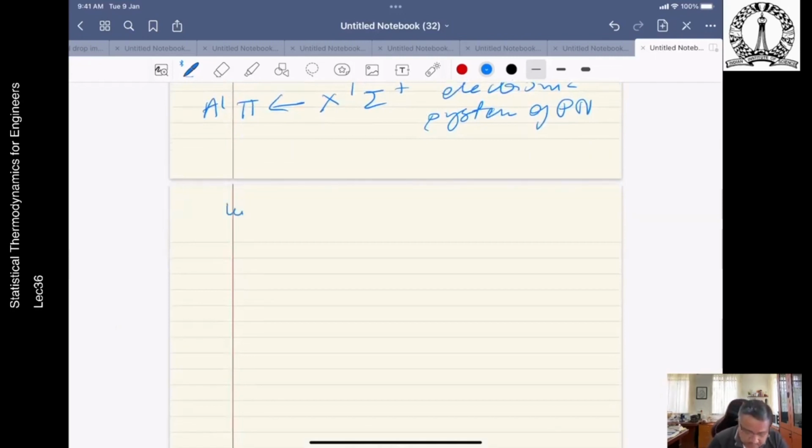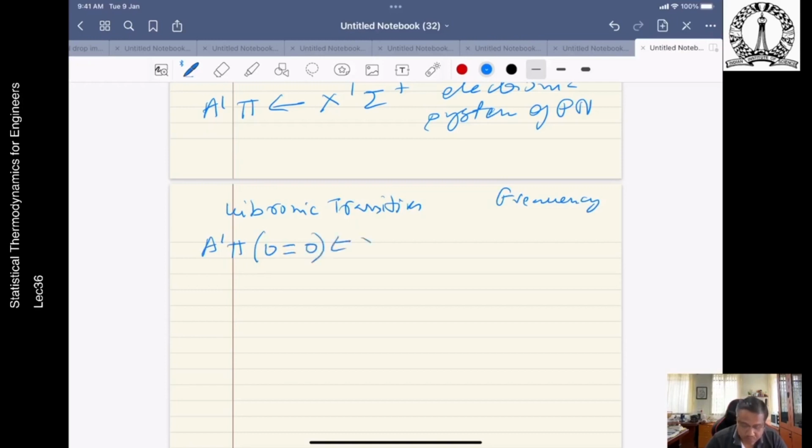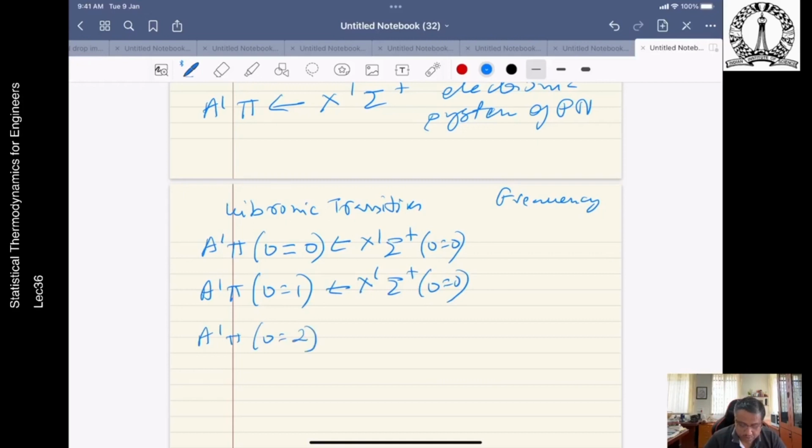Let's look at this table. The vibronic transition is given like this, then there is the frequency. A1 pi, v' equal to 0 to X1 sigma plus, v'' equal to 0. Then v' equal to 1, then v' equal to 2.